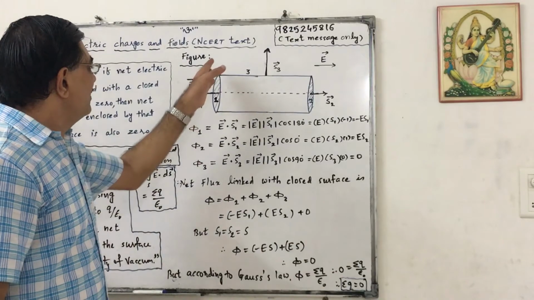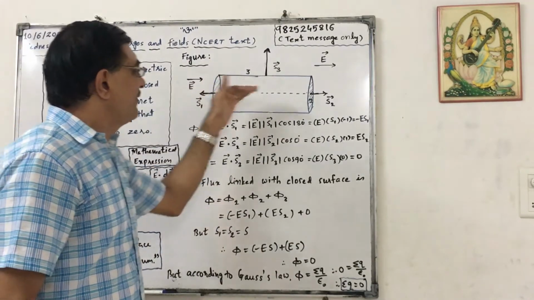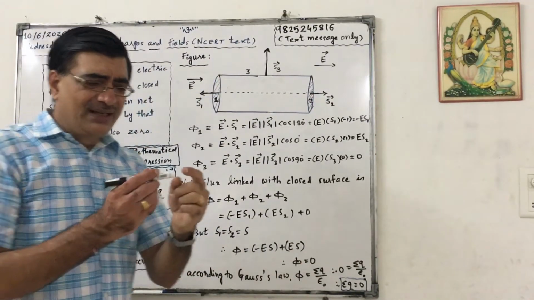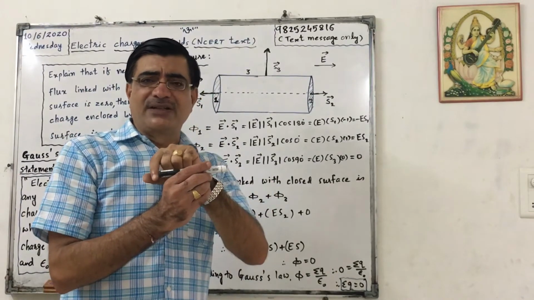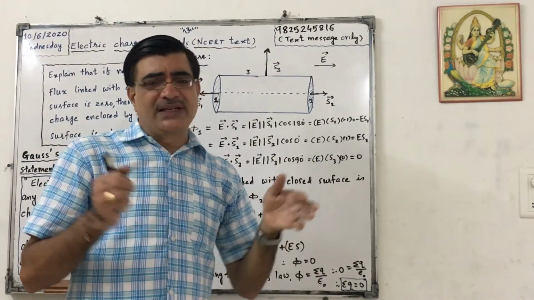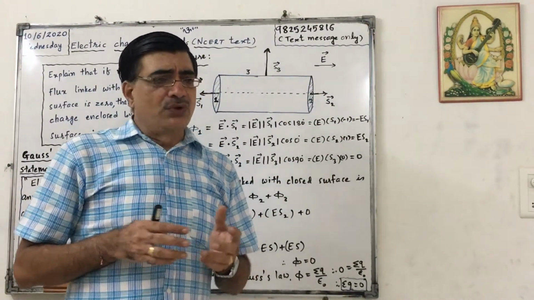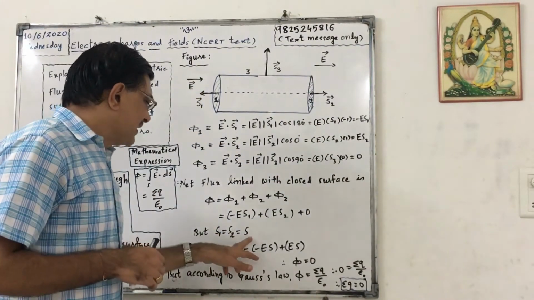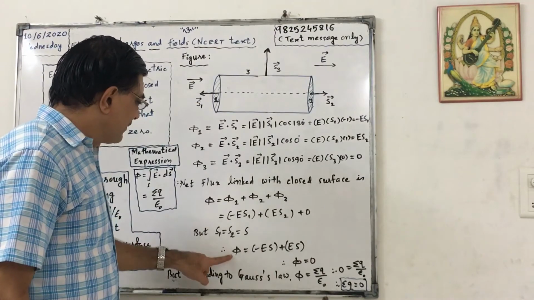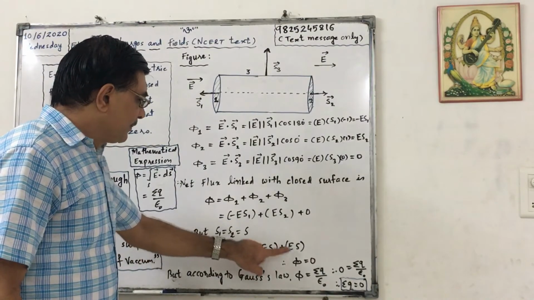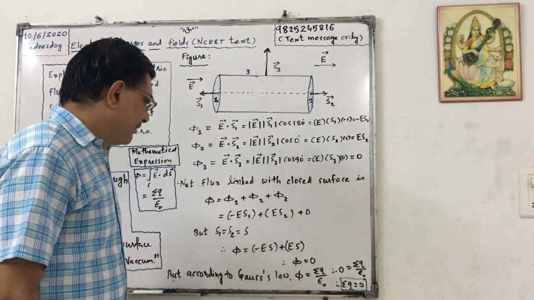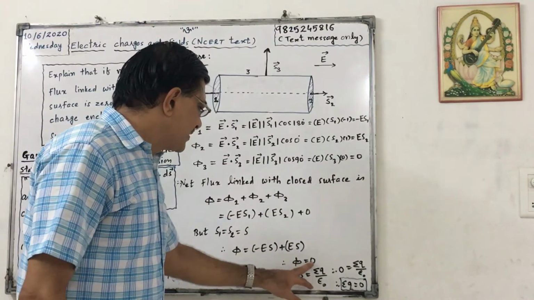But we know that the magnitudes of vector S1 and vector S2 are the same because they are the two sides of a cylinder. Let us consider it as S. Then phi equals minus ES plus ES, which is 0. So the net flux is 0.